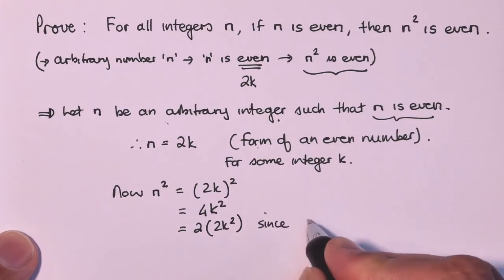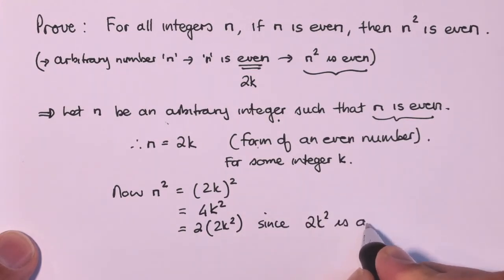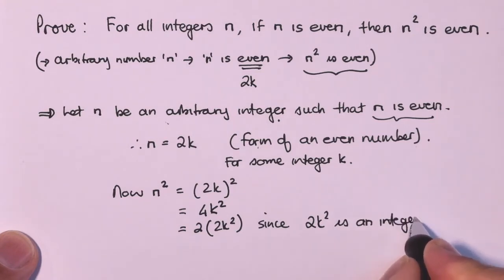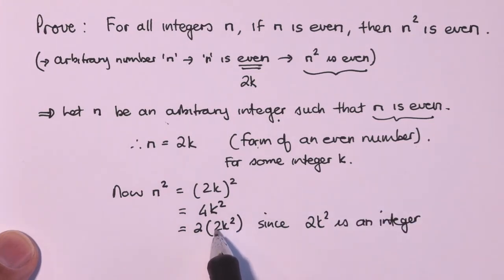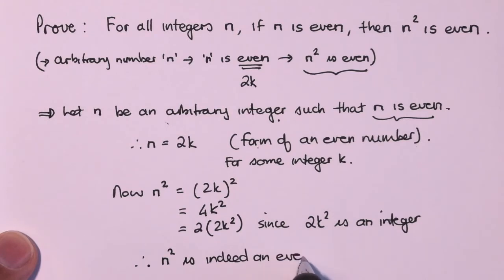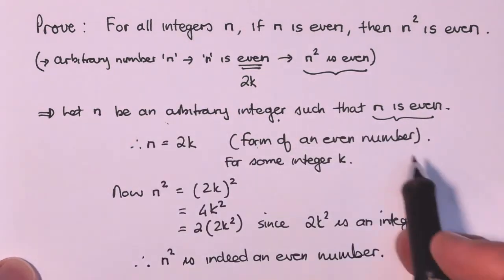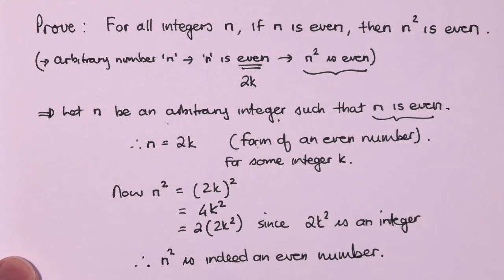Since 2k squared is an integer, we're squaring an integer and we're doubling it, so it remains an integer. Okay, so this then concludes the final part. Therefore, n squared is indeed an even number. Okay, and there we've proved it. This is a direct proof. That is what he calls a direct proof.